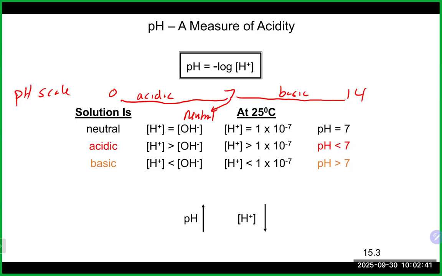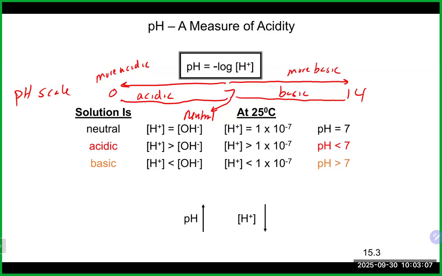If it's a little less than 7, it'll be slightly acidic. It needs to be really, really close to 7 to be neutral. When we start at 7 and go towards 0, we're becoming more acidic. When we go from 7, head towards 14, we're becoming more basic.